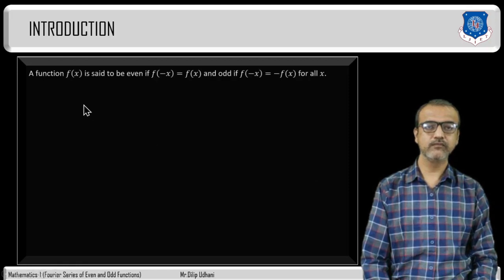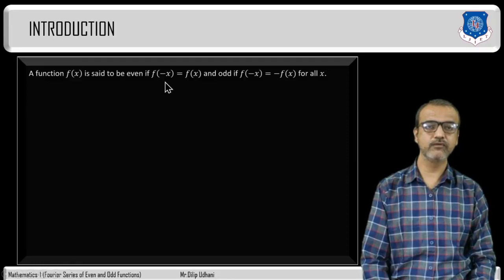First of all, we will see what is an even and odd function. A function f(x) is said to be even if f(-x) = f(x), and odd if f(-x) = -f(x) for all x.